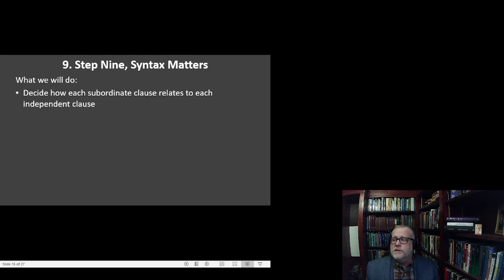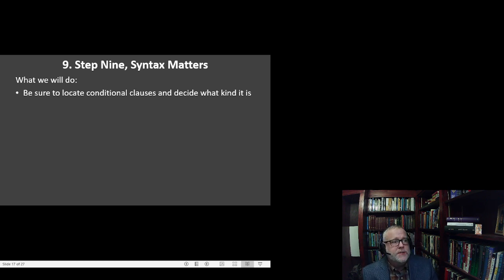All right. Decide how each subordinate clause relates to the independent clause. Options include cause. In other words, this clause is the cause for the previous clause, or the result of the previous clause, or the purpose, or the time of the previous clause. It tells us when the action occurred. Be sure that you locate conditional clauses and decide what kind of conditional clause it is.